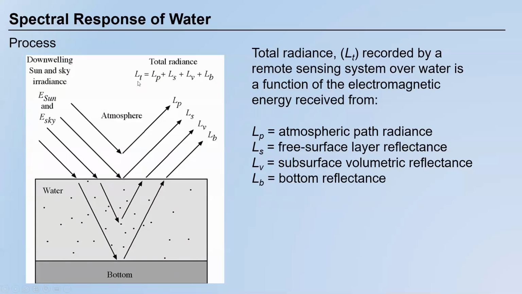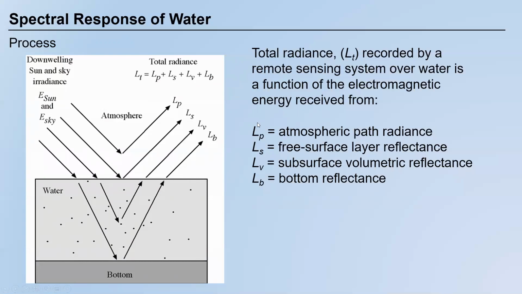LT is the signal, the energy the remote sensing system receives, and it is a sum of LP, LS, LV, and LB. They are atmospheric path radiance, free surface layer radiance of water, subsurface volumetric reflectance of water, and bottom reflectance.